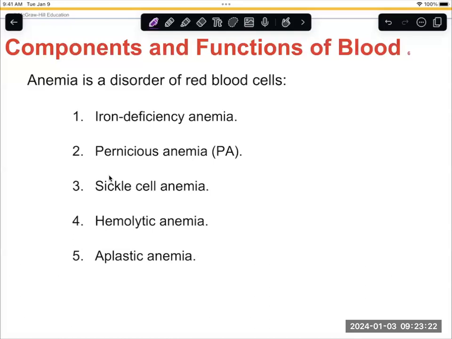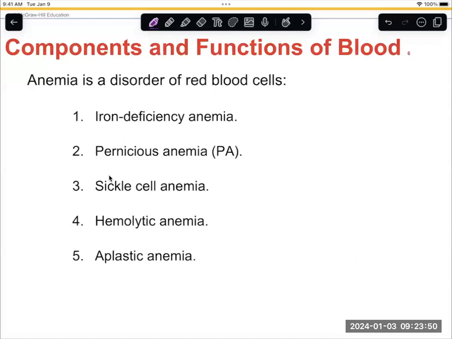Think about those. If your red blood cells transport oxygen to your cells, but there's not enough red blood cells to transport oxygen, that means your brain's not getting enough oxygen. That's what makes you tired. That shortness of breath, you're trying to breathe more to get more oxygen in.